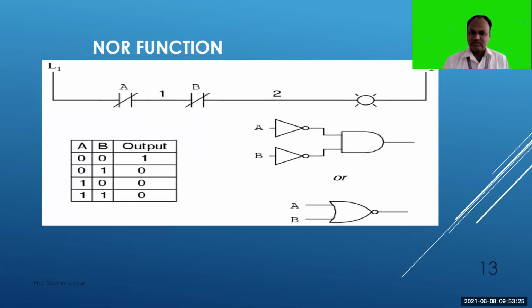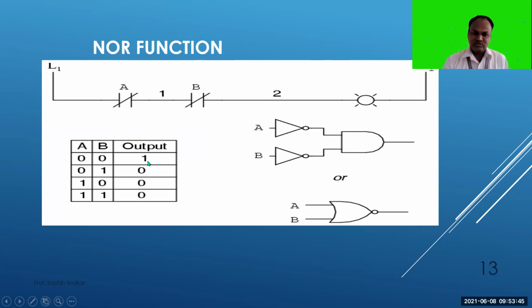Now the NOR function or NOR gate. The NOR gate is a combination of two NOT gates and one AND gate, or one OR gate and one NOT gate. Its output is again opposite to the OR gate.